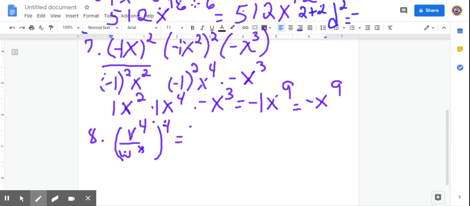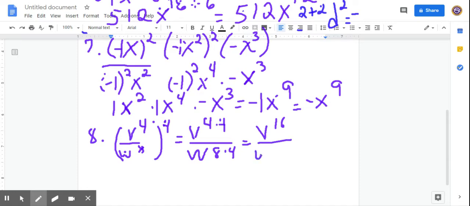We're going to take our numerator, keep the base, and multiply our exponents. Power to a power, multiply. Keep the base of w, multiply the exponents, 8 times 4. So you get v to the 16th, 4 times 4, over w to the 32nd power.